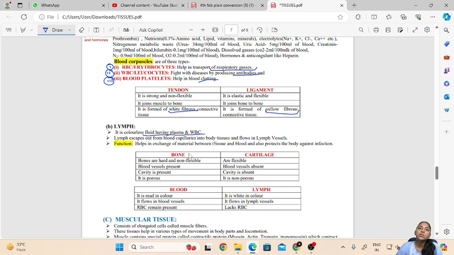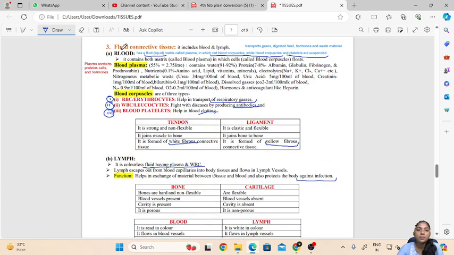Now this lymph tissue lacks red blood cells, and the function of lymph tissue is exchange of material between tissues and blood, and it also helps in protecting the body against infections. So as it has white blood cells, it also aids in the protection against infections, and then it is involved in the exchange of material between the blood and other tissues.